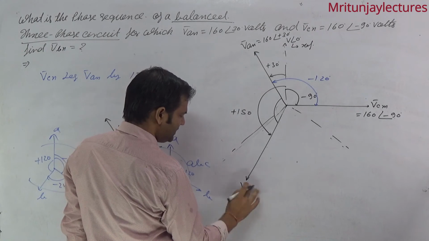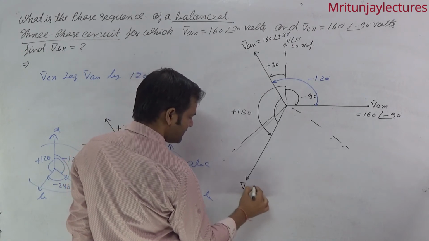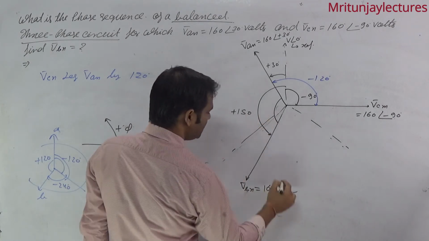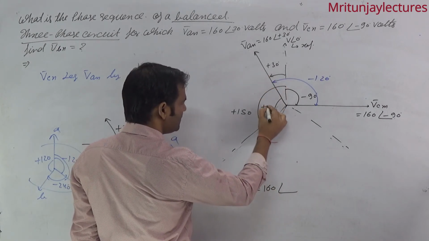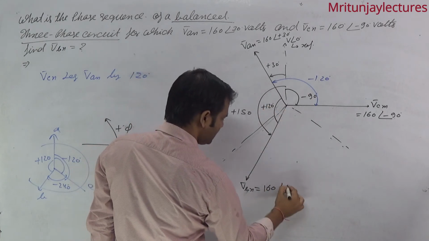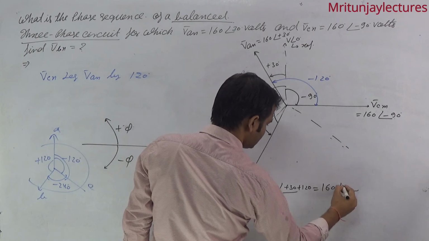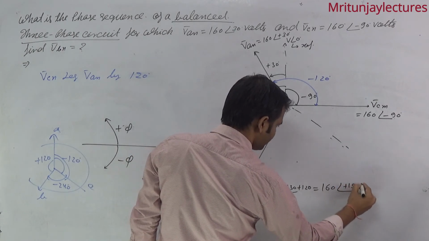So VBN is written as 160 at the angle 30 plus 120, that is 160 at the angle 150 volts. Clear?